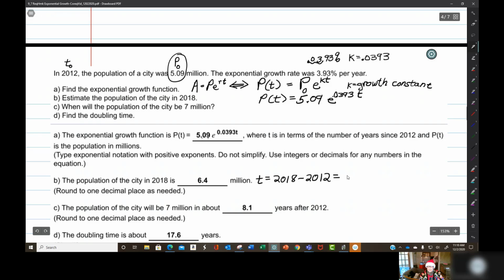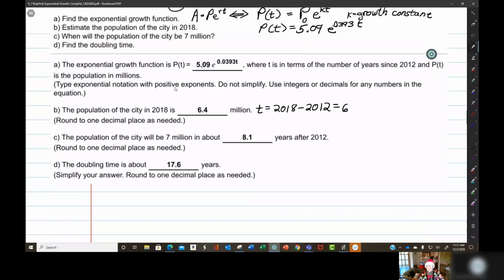So that's going to be 6, right? Yes. So here's what we're going to do. We're going to take this formula, 5.09 e to the 0.0393, and in the t's place, we're going to put a 6.